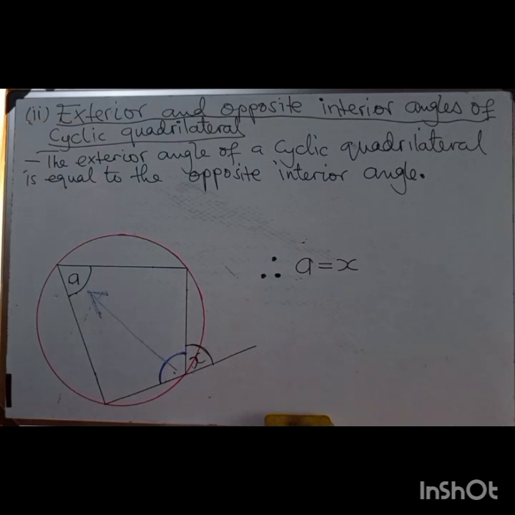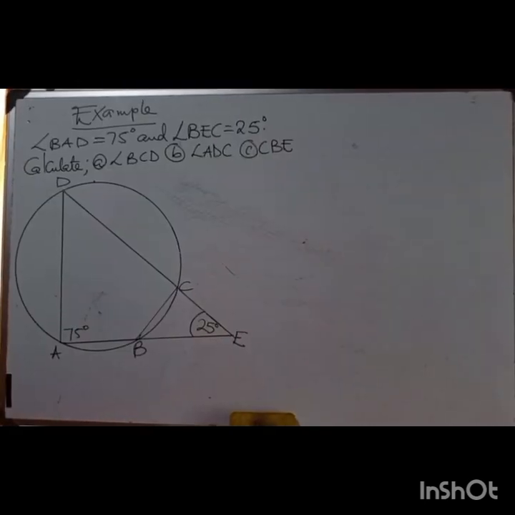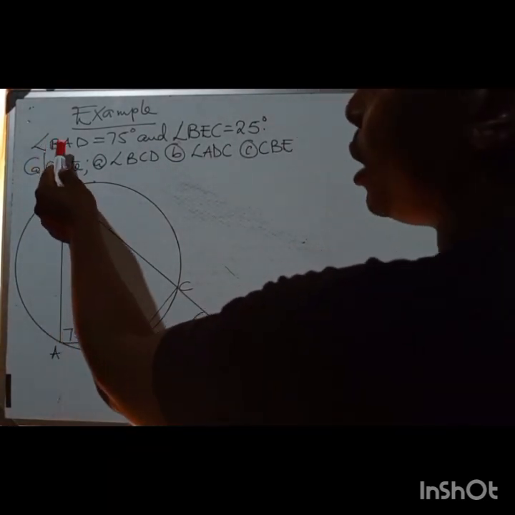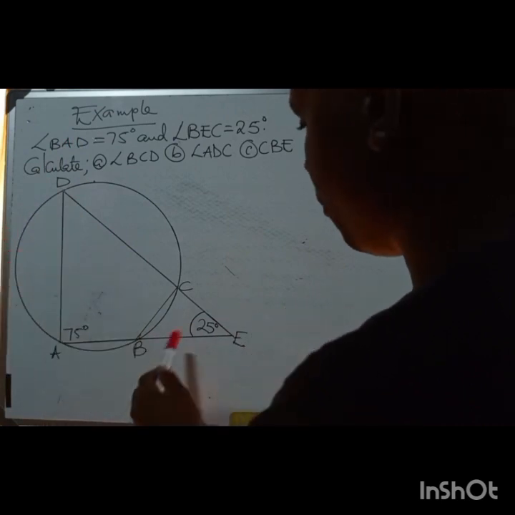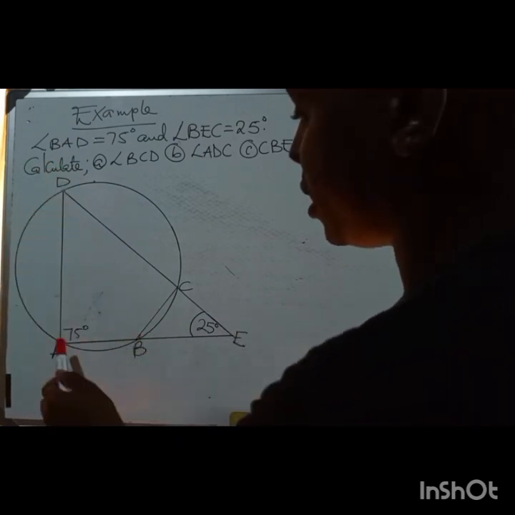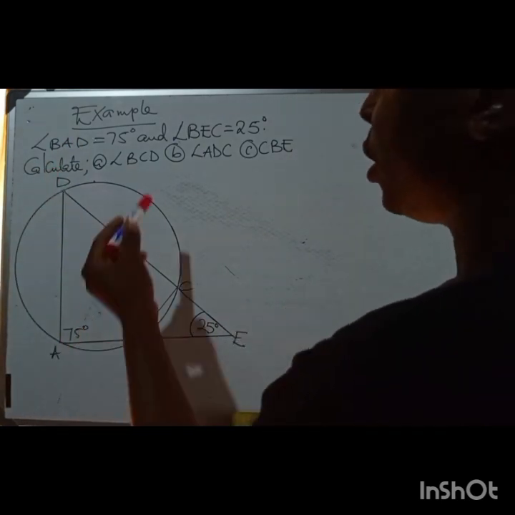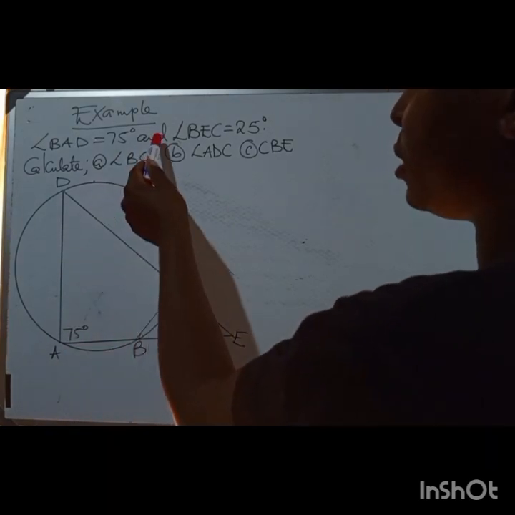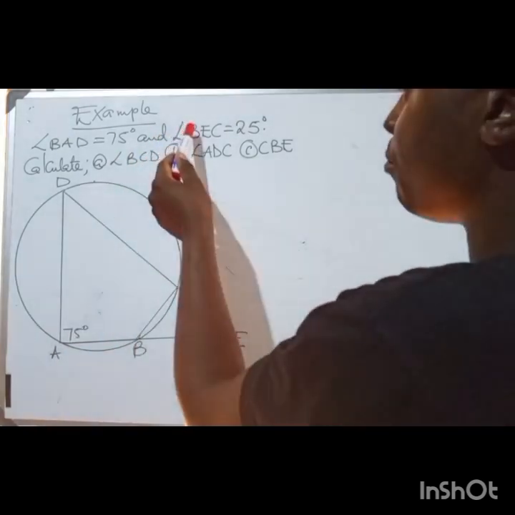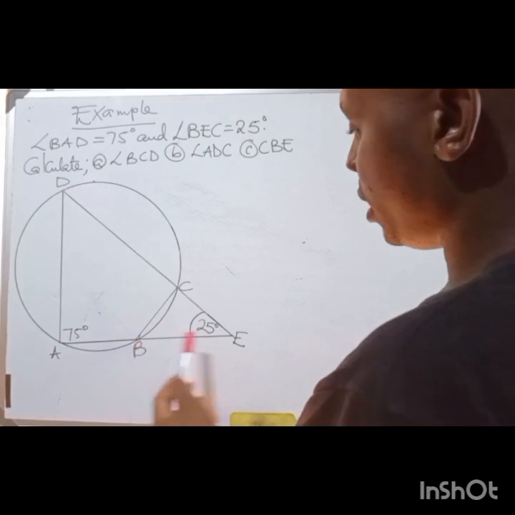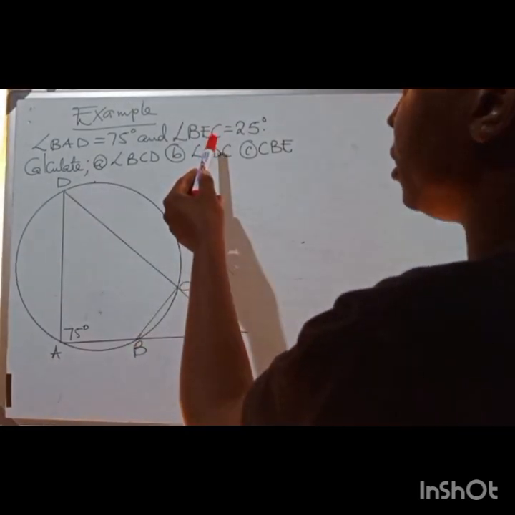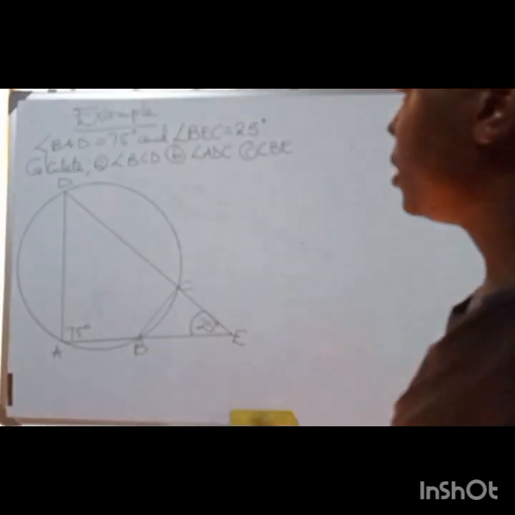Let us have one example and see how best it can be answered. So this is the example we have. We are told that angle BAD is 75 degrees, and angle BEC is equal to 25 degrees.